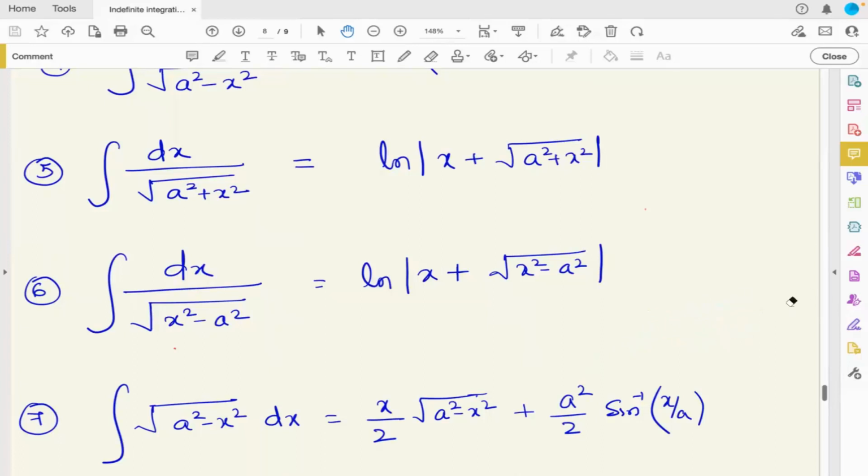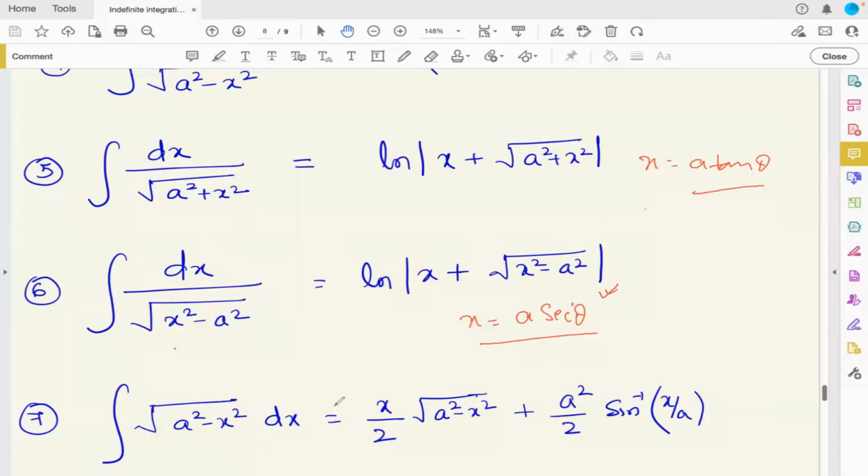Like our form is x square minus a square, so try to substitute here a sec theta. Whatever substitution is written, try to substitute here. It will be solved. I hope you'll all understand that.